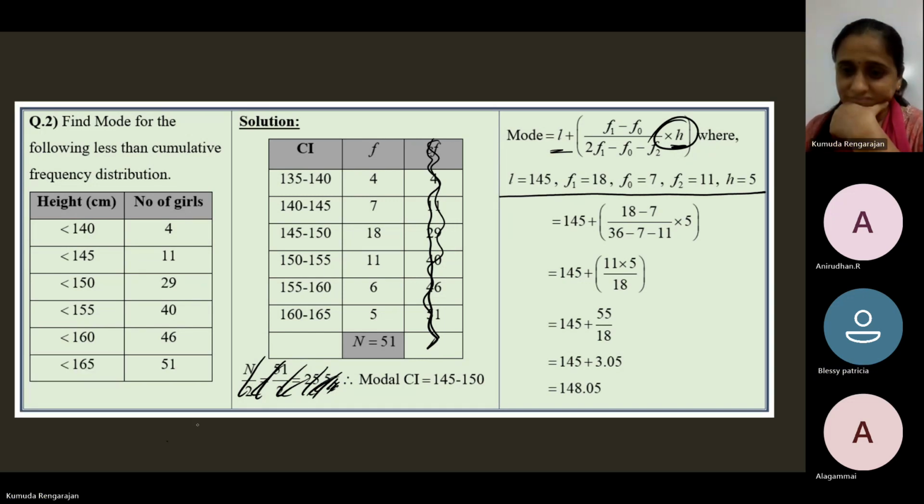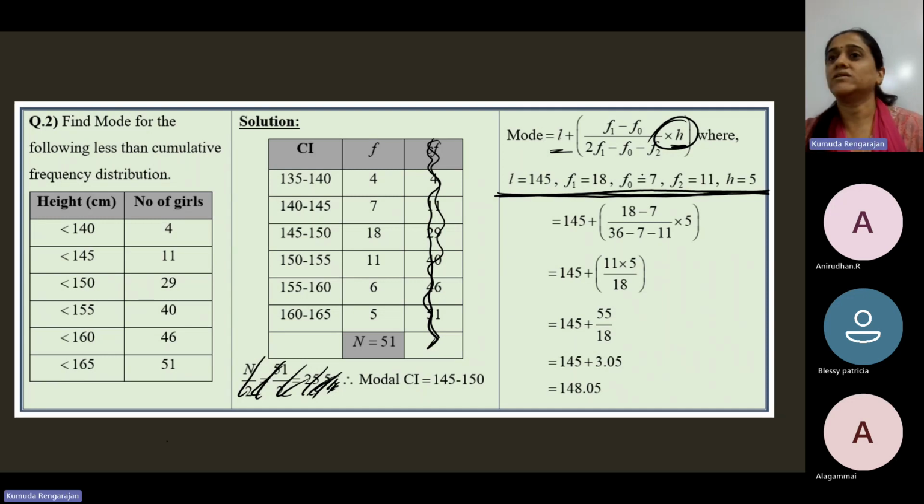Then how many of you got till here? Renu, you got it till here, right?